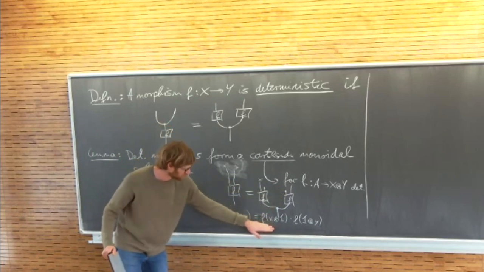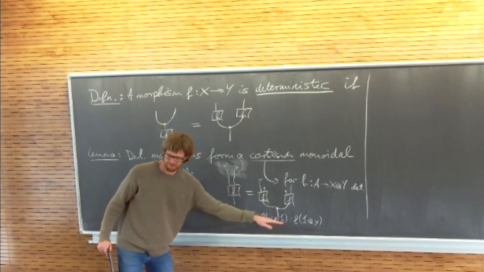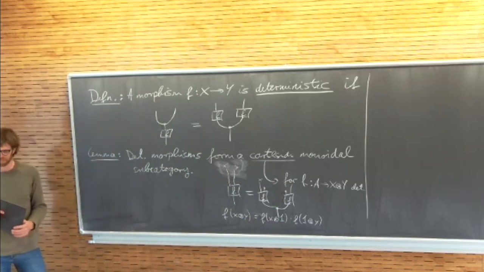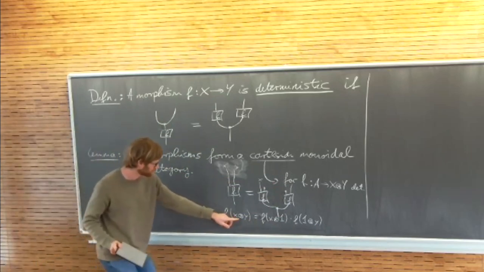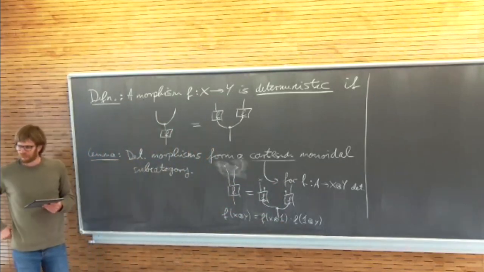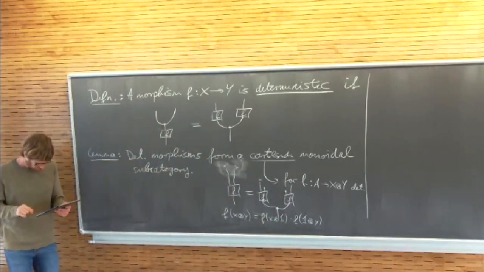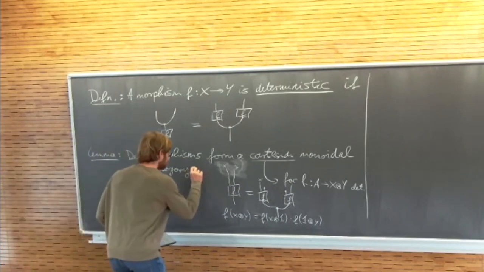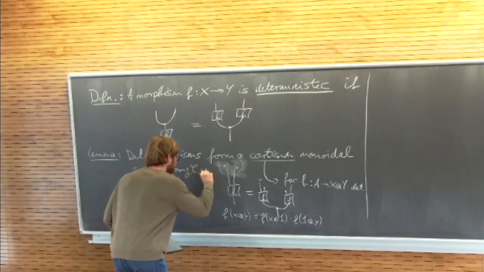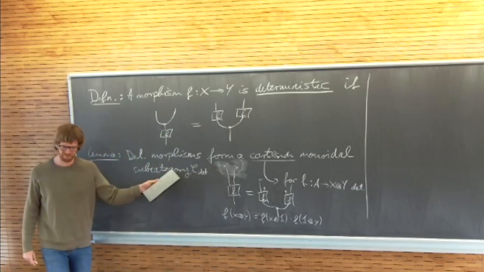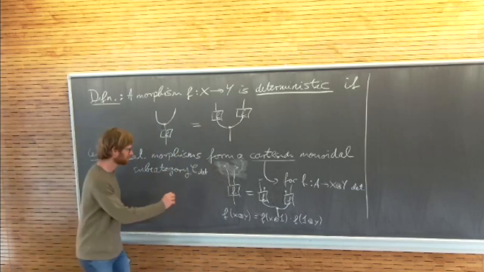And maybe most of you are familiar with this property in this form. Okay. And yeah, so we denote the subcategory by C subscript det for deterministic.